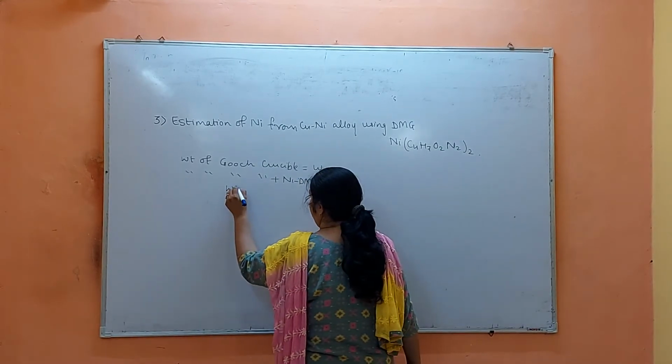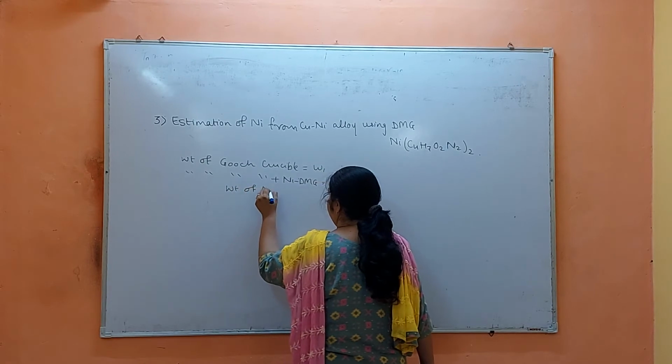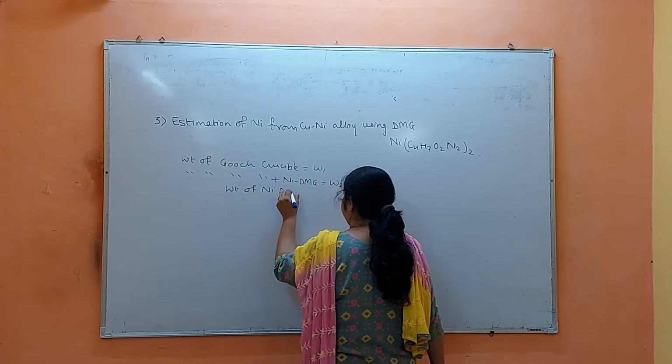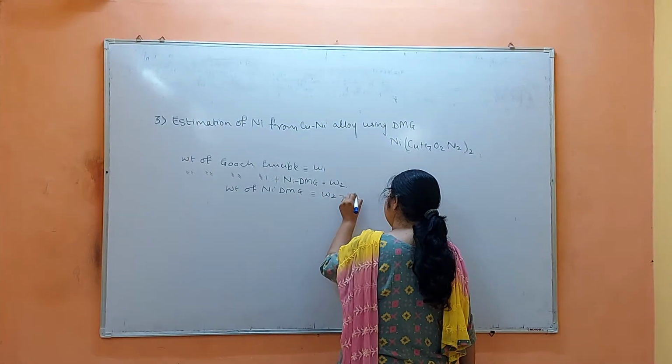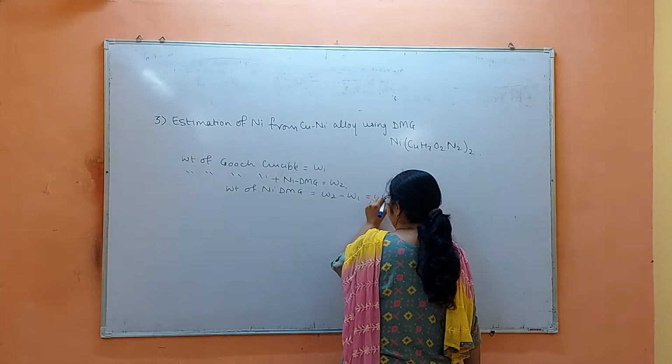So the weight of nickel DMG is equal to W2 minus W1, which is W3.